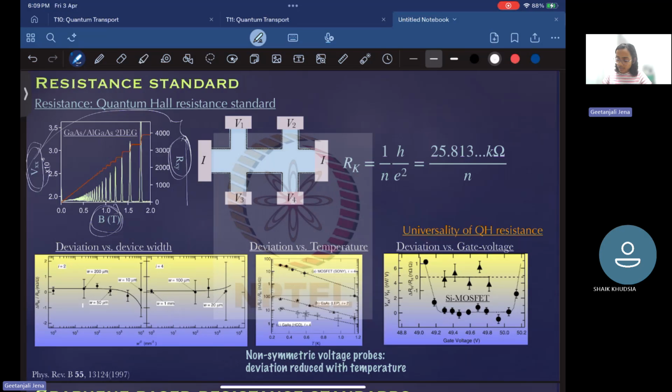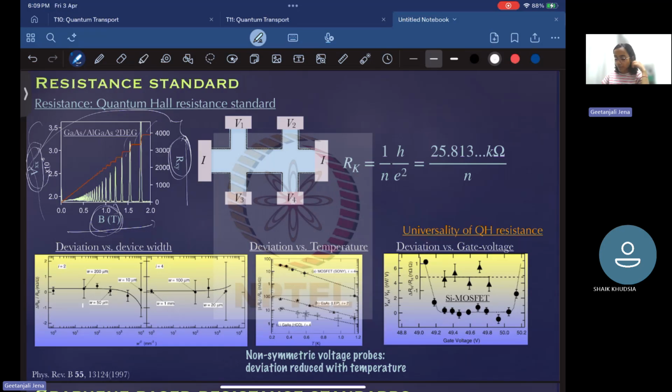These levels have different filling factors. The filling factor is related to the Landau levels: how many Landau levels are occupied for a given magnetic field. As we increase the magnetic field, the number of occupied Landau levels decreases. This is just to recall the concepts we covered in our previous lab session.